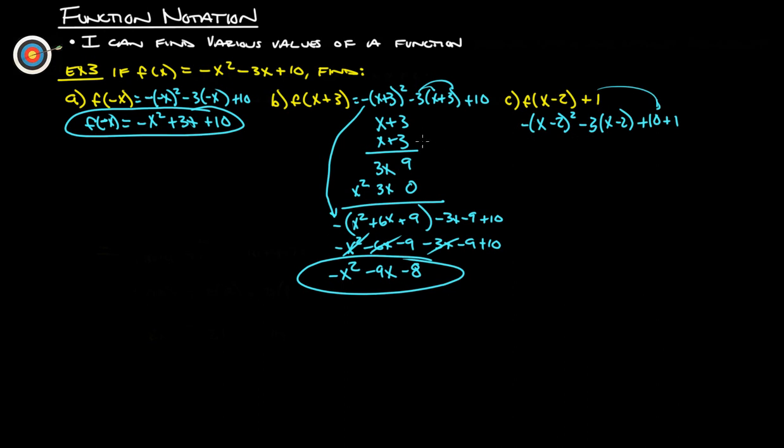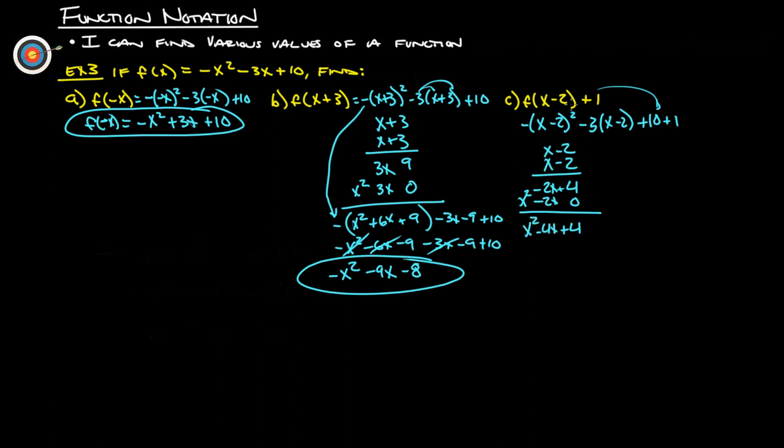Okay, so first thing we want to do is multiply this x minus 2 squared out. So x minus 2, negative 2 times negative 2 is 4. Negative 2 times x is negative 2x. 0 to hold the spot. X times negative 2 is negative 2x. And x times x is x squared. So that is a 4. That's negative 4x. And that is x squared.